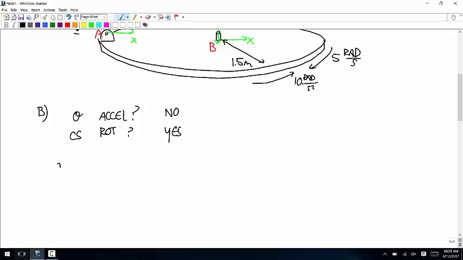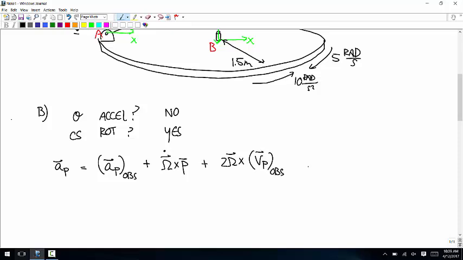Okay, so the acceleration of P is equal to, let's think of this as the acceleration of P that's observed, plus capital Omega dot cross P, plus 2 times capital Omega crossed with the velocity of P that's observed, plus capital Omega cross quantity capital Omega cross P.